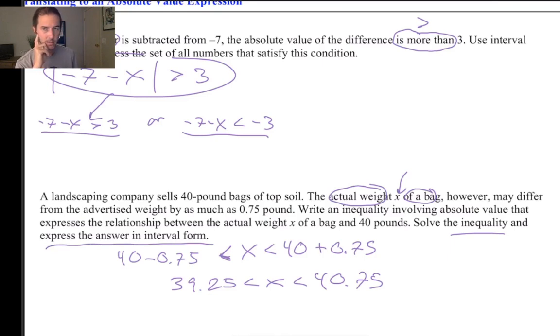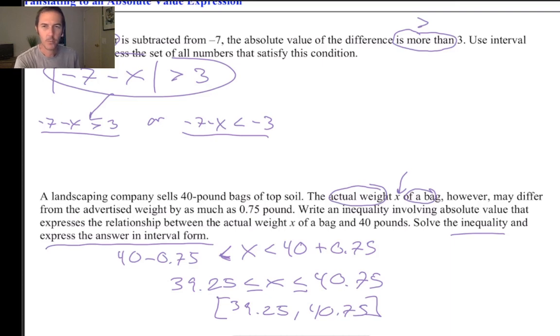We could drop it onto a number line, but if my X values are between those two values, I suppose it could actually equal 40.75 pounds or 39.25 pounds, so let's make those less than or equal to symbols. And then if we want to put this into interval notation, because of the or equal to part, we want to use square brackets, and our x values are somewhere on that closed interval from 39.25 all the way up to 40.75.